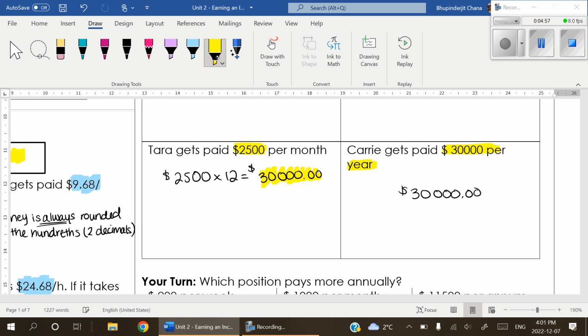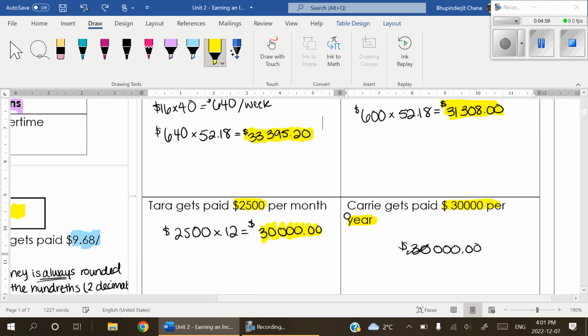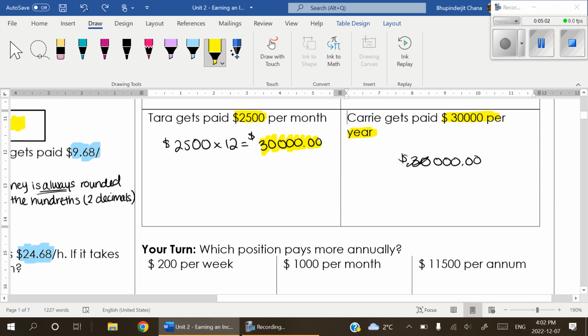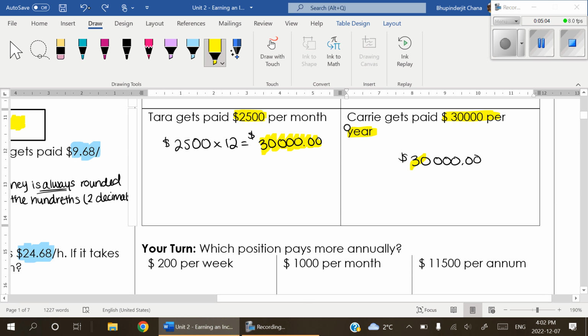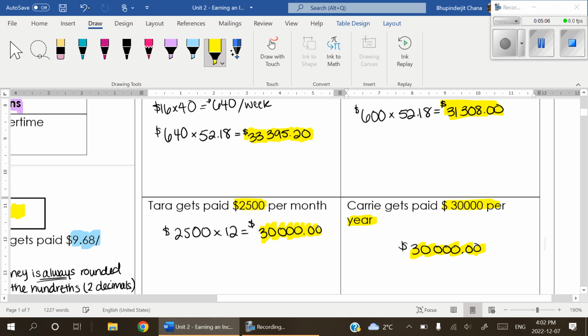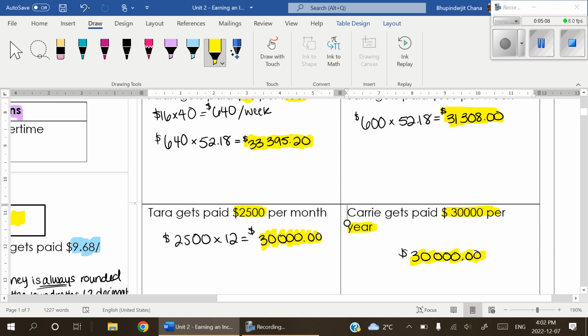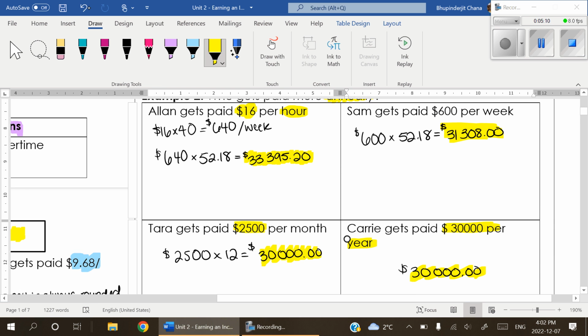Okay, so let's see who gets paid more. Ooh, go back. Okay, so when we're looking at these three numbers, it looks like Alan gets paid the most. So let me write that down.